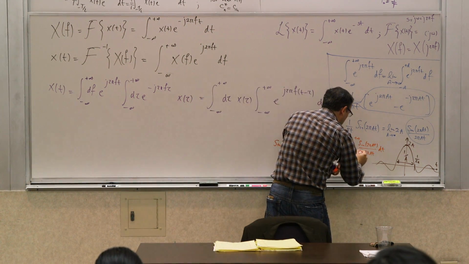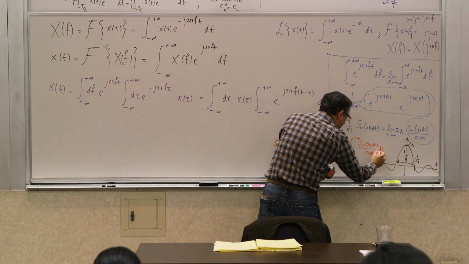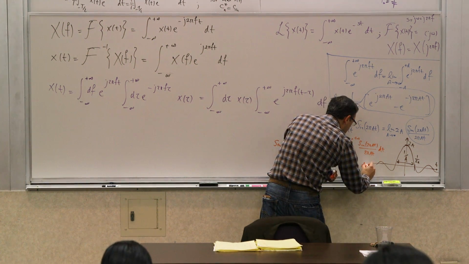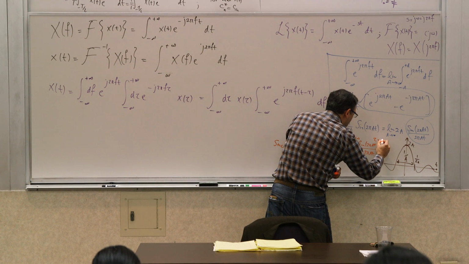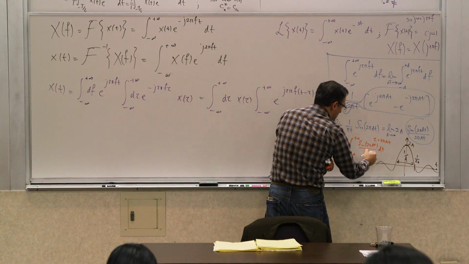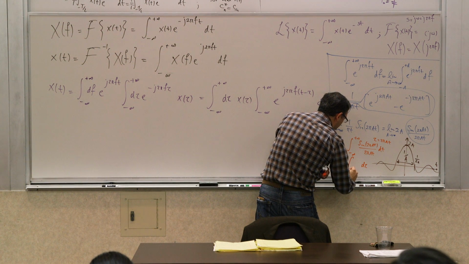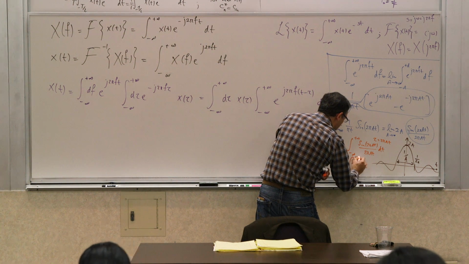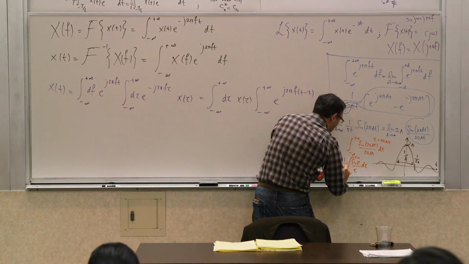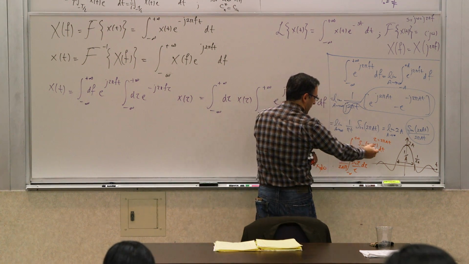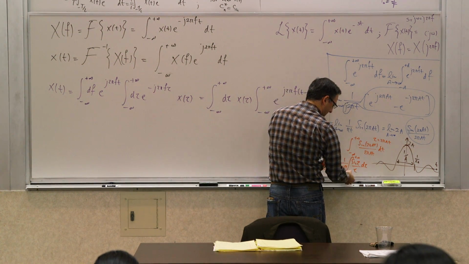I can do a change of variable, defining tau as 2 pi at. Then I write it as the integral of sine of tau over tau from negative infinity to positive infinity, scaled by 2a pi.